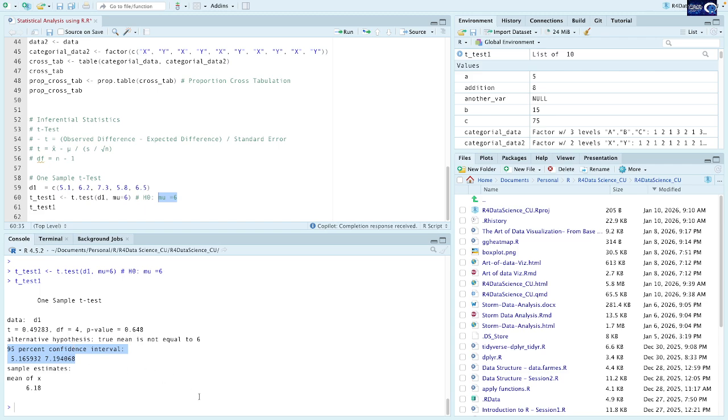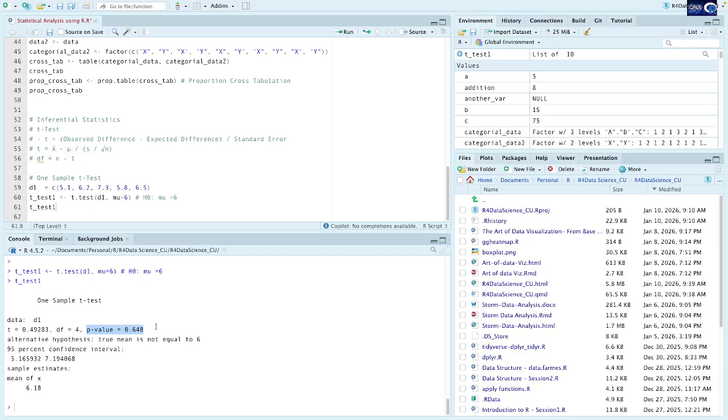When it comes to interpretation, as a data analyst, we usually look at the p-value of the test. If the p-value is small, that is less than 0.05, we have strong evidence that the sample mean is significantly different from the hypothesized mean.